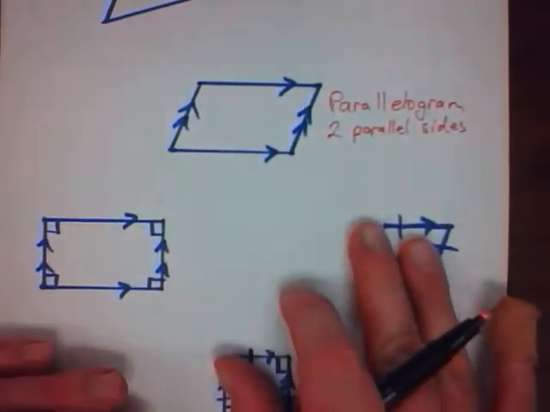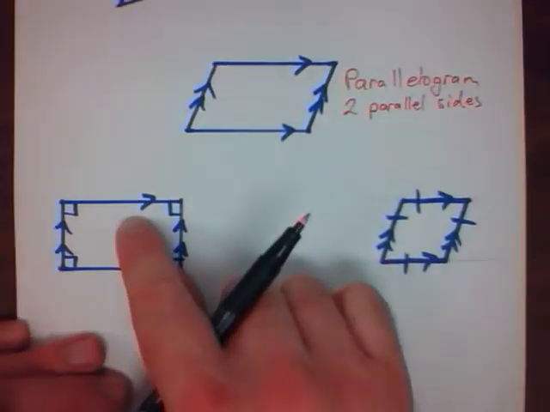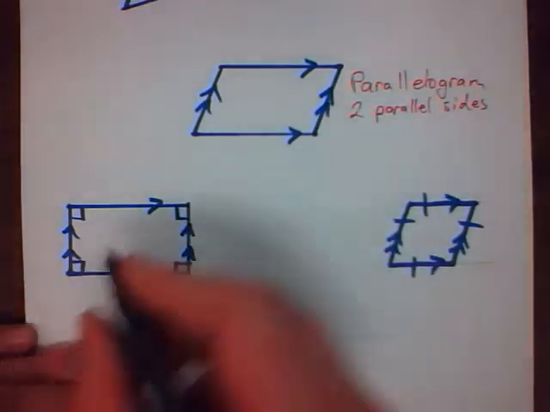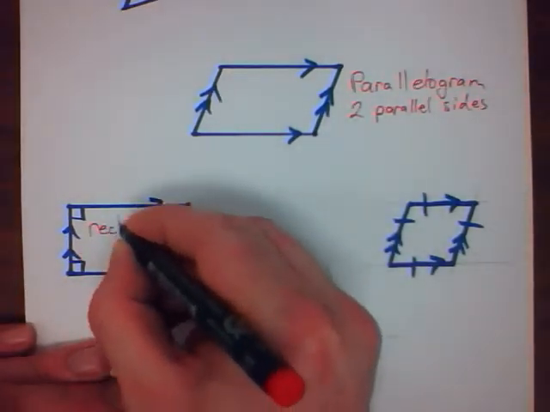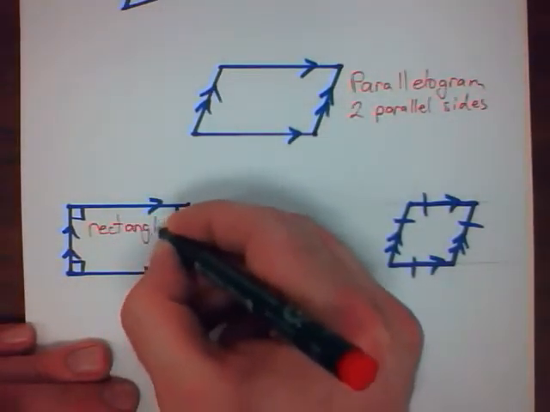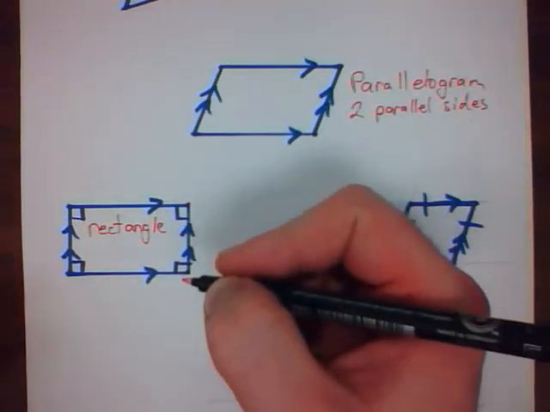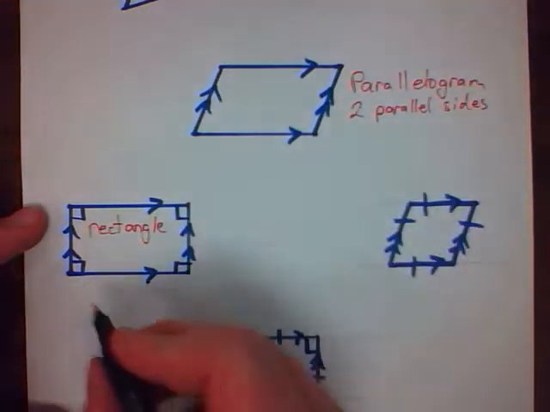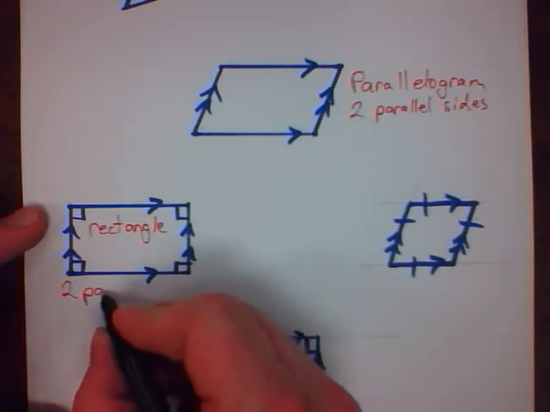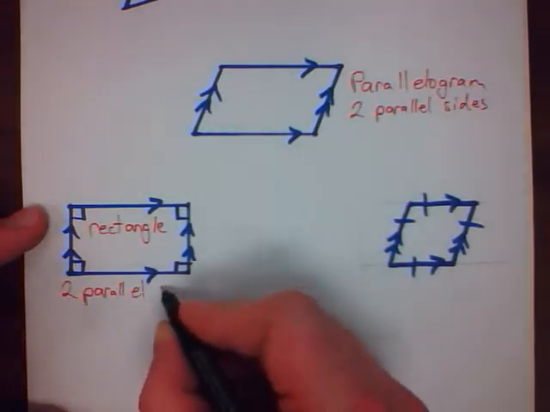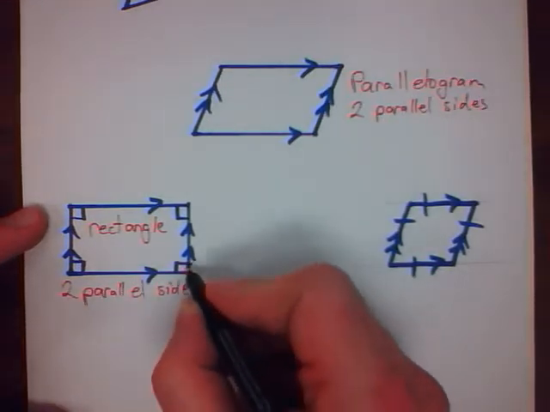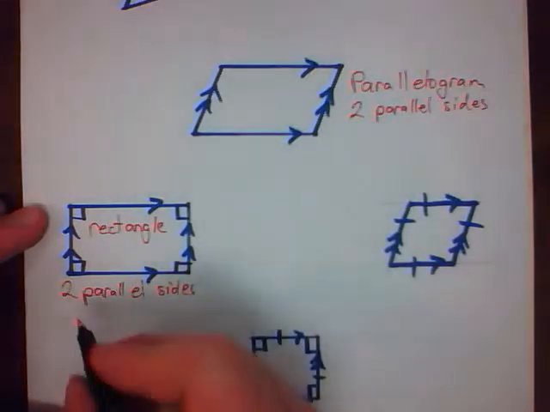Okay. What else? Over here, we have the rectangle. Now, what makes a rectangle a rectangle? Well, it has two parallel sides. But that's not all. See these little symbols in the corner?